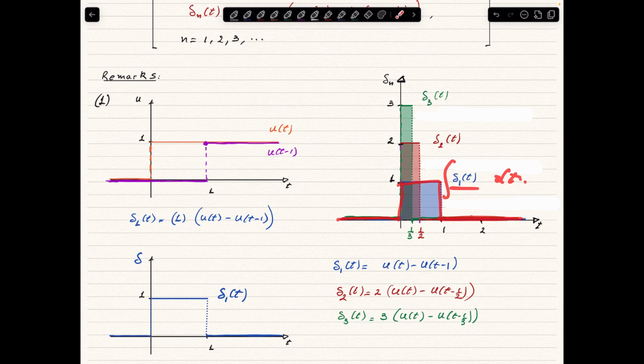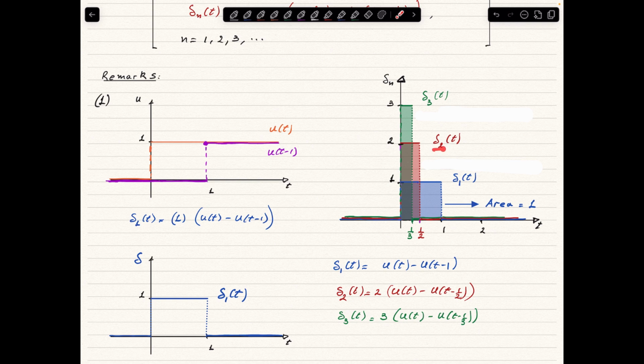The function is identically 0 here and here, so the area under the graph is only coming from this part of the function, which is the area of this square. And this square has size 1 and 1. So this function has integral equal to 1. So the area under the graph of the function delta 1 is 1.